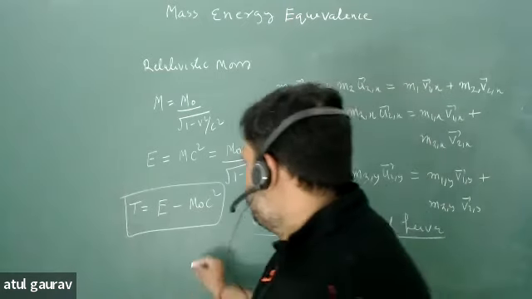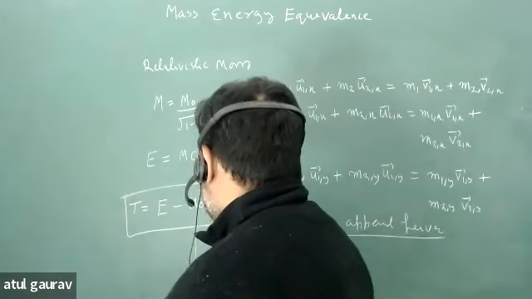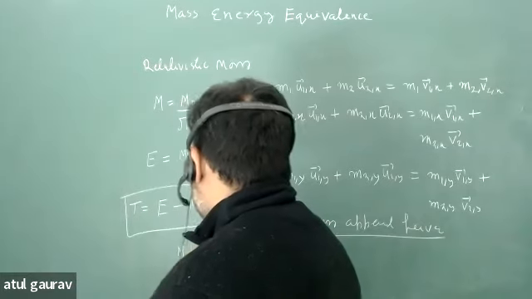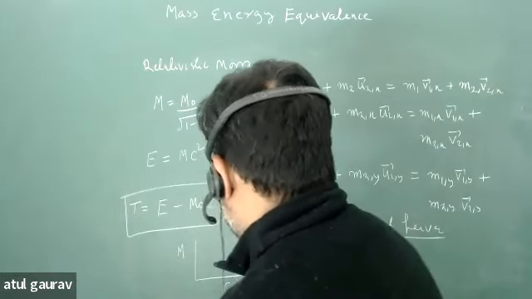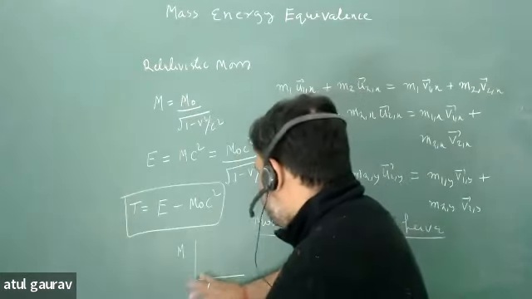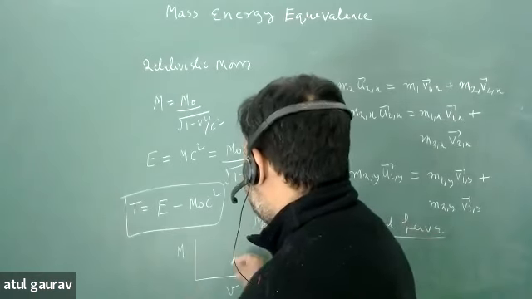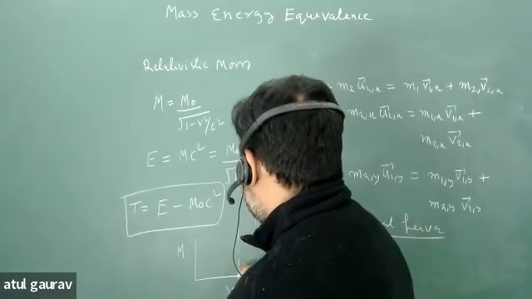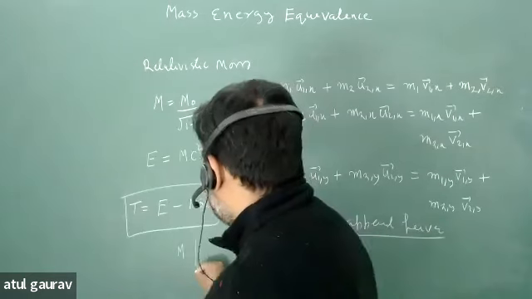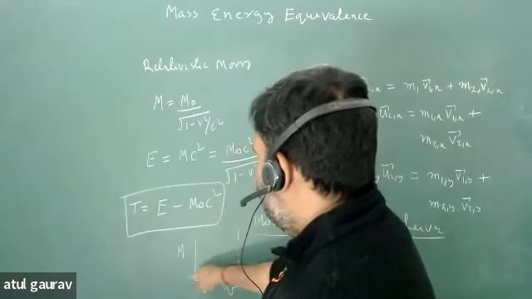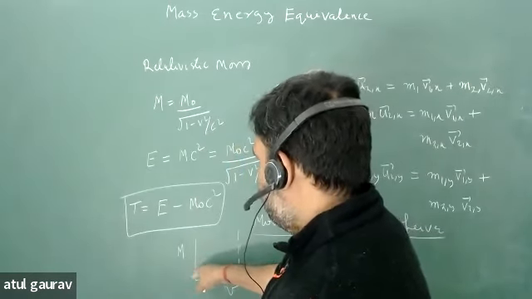And if we are going to plot m versus v, क्या होगा plot? Then at v equal to zero, we will start with basically the rest mass m naught.